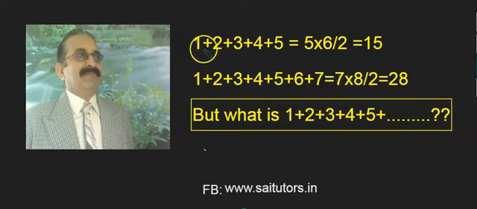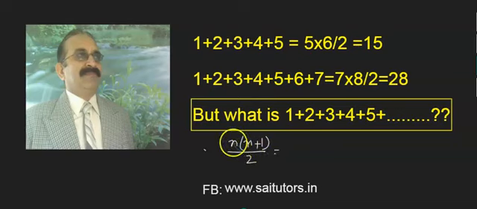We know for finite numbers we have a formula. For the sum of five numbers, 5 terms, 1 2 3 4 5, you can use this formula to get the answer.